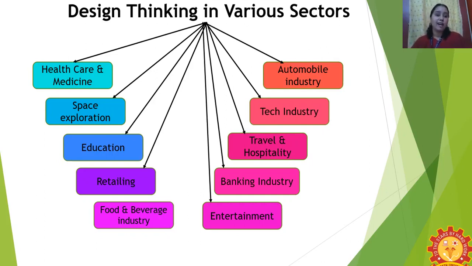How is that possible? Because of design thinking methodologies, because someone somewhere in the globe thought that sharing food recipes online could make people prepare their own food in their own way. This made the food and beverage industry develop over a period of time.